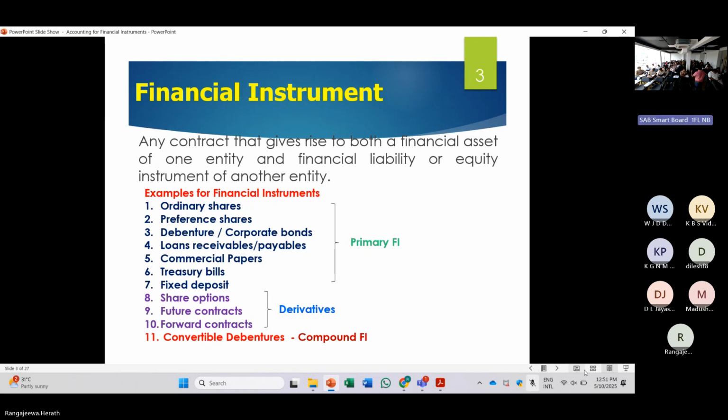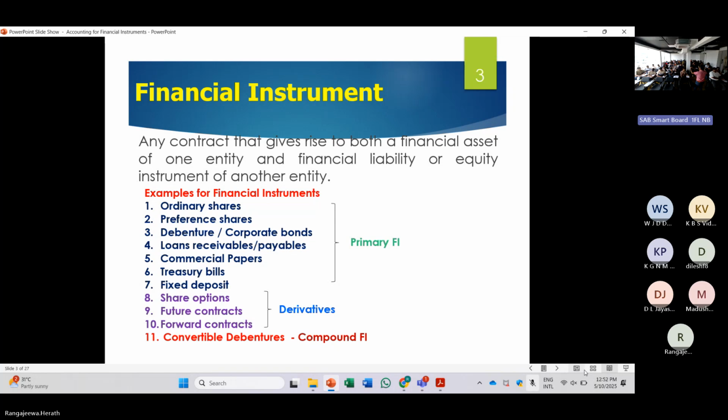Then we name that investment in associate. Investment in associate, covered by LKAS 28. Right. That also is ordinary share investment, equity investment.